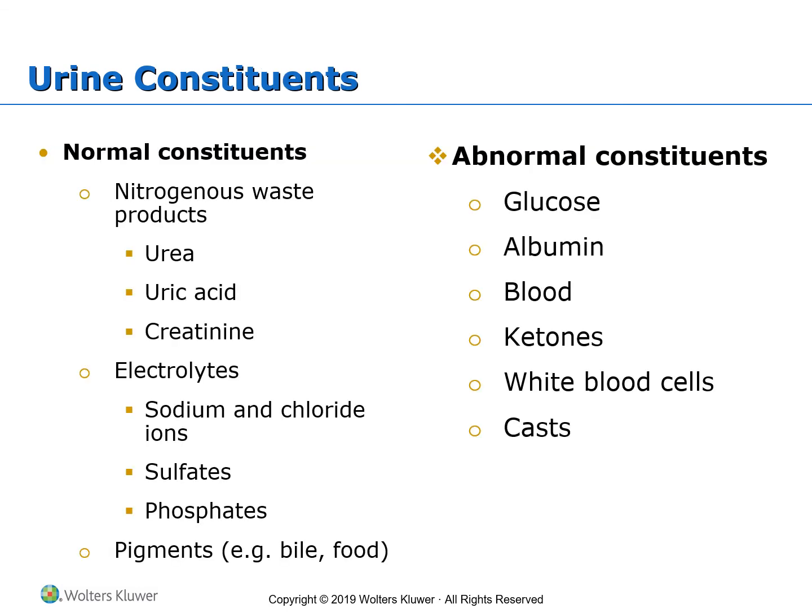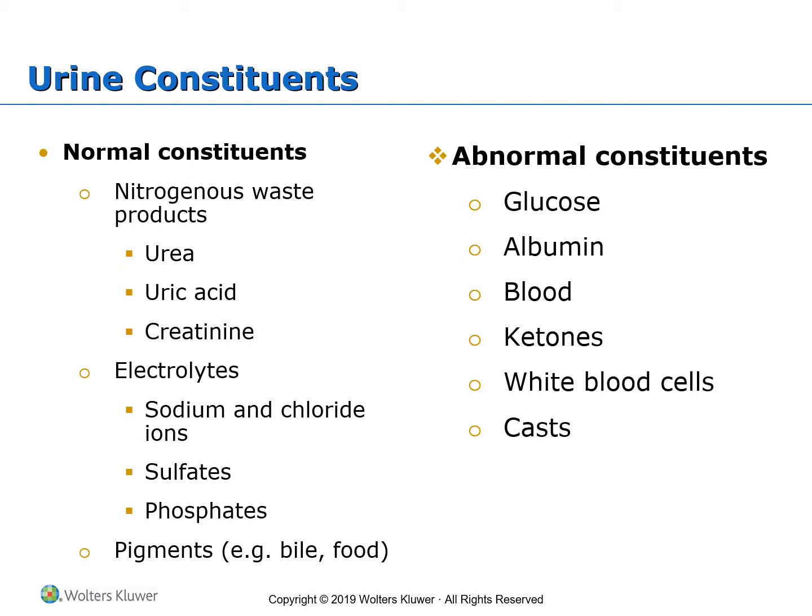There are some normal constituents that we will see when we analyze the urine and will not become concerned about anything. First, and probably the most important one I was describing to you even at the beginning, are all the nitrogenous waste products that are results of protein metabolism.